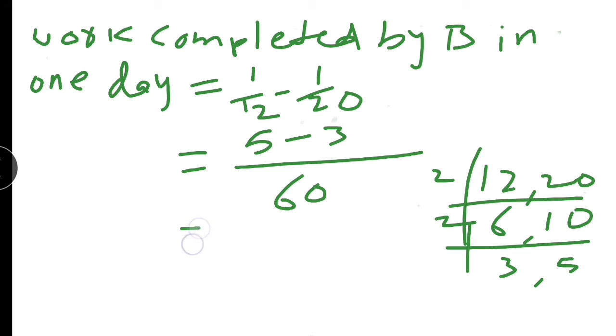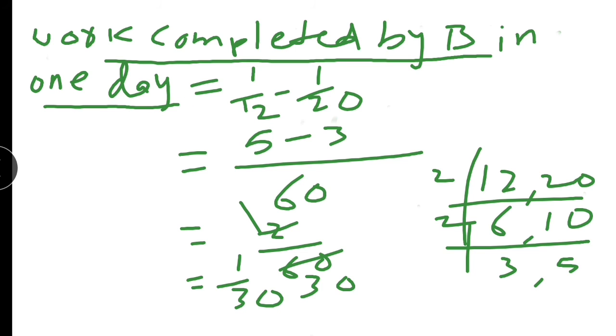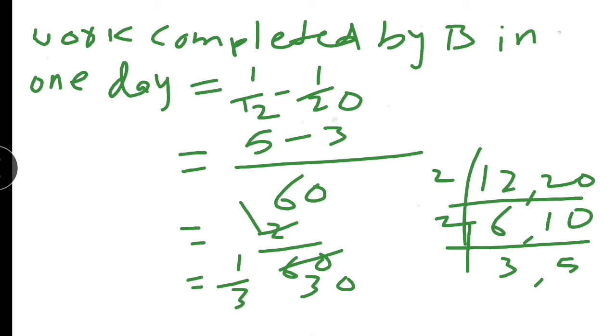So 5 minus 3 is 2 by 60. 2 ones are 2, 2 30s are 60. So it is equal to 1 by 30. So the work completed by B in 1 day is 1 by 30. Then in how many days can B complete the same work? Yes, 30 days. So in 30 days B will complete the work.